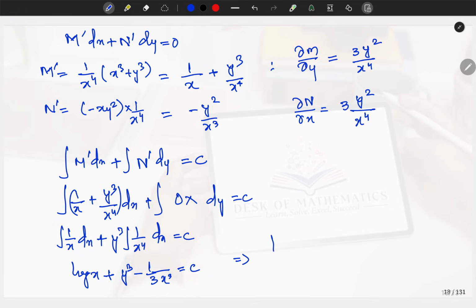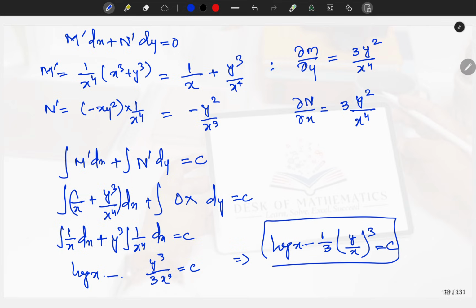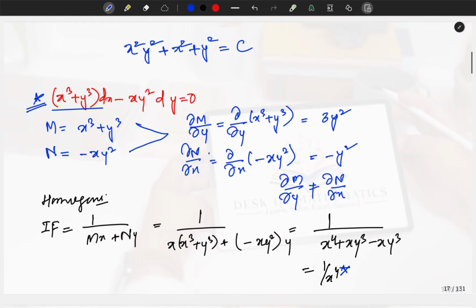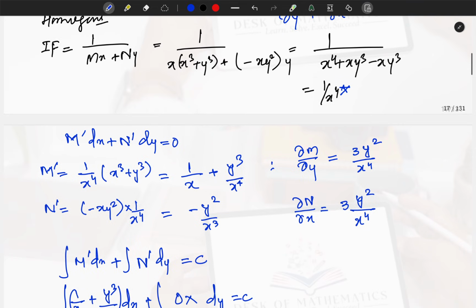So you have the solution: log of x, and y cube is already here, so it is minus, because you took the x to the power 4 in the denominator, it will go minus 1 by 3, minus 1 by 3 (y divided by x) whole cube is equal to c is the solution. This is how, when you have a homogeneous equation that is not exact, you reduce it to an exact differential equation, and then solve it like the exact one.